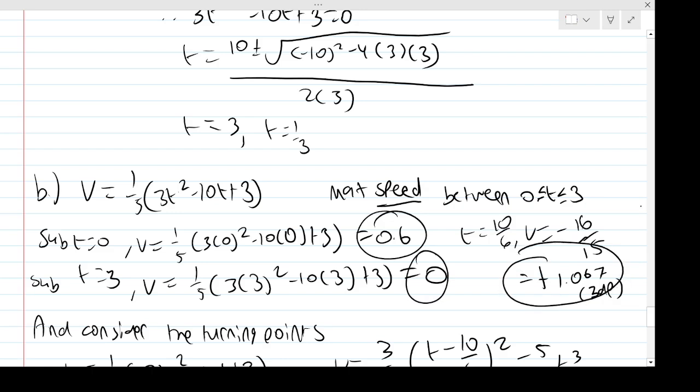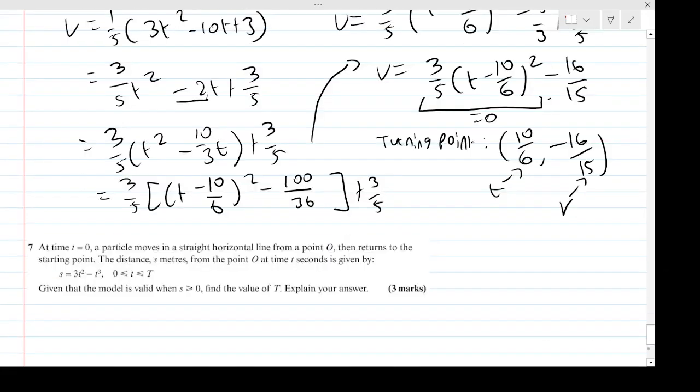Now 1.06 is the bigger out of the 3. So actually this is my maximum speed. Okay, max speed is 16 over 15, right? Or 1.067 meters per second to 3 decimal places. Okay. And so there we are.